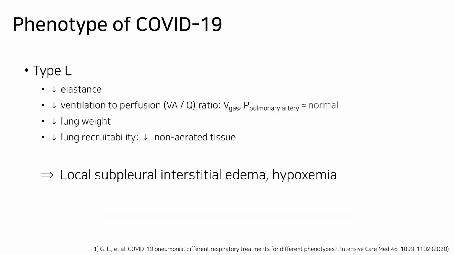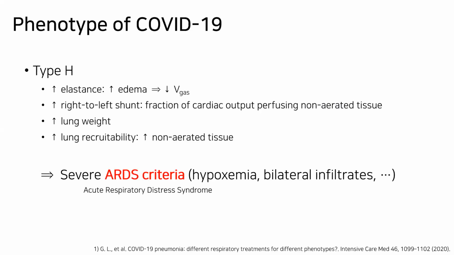And there is another definition of the COVID-19 mutation forms by phenotype. You may relate it to L type and H type, as low and high. Type L does not have a very significant symptom in our body, while type H has very severe ARDS symptoms.